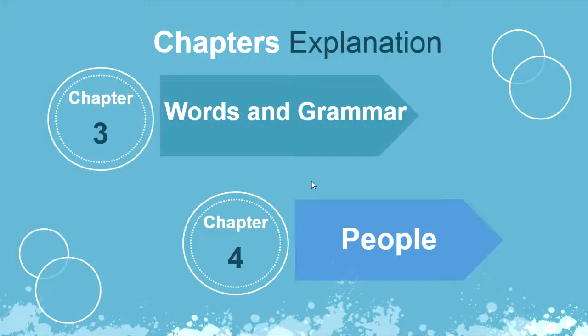This chapter explains the basic grammar we must know to make sentences in English. And chapter 4 is about people. This is the chapter I like the most, because it is very useful. It has many phrases that we can find in daily activities.